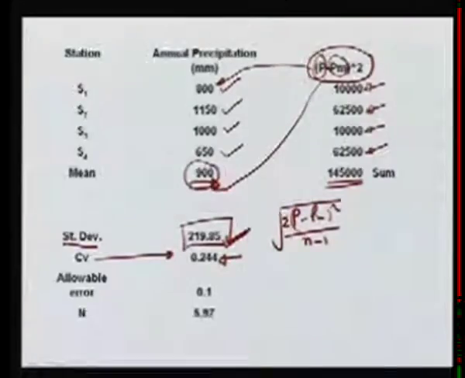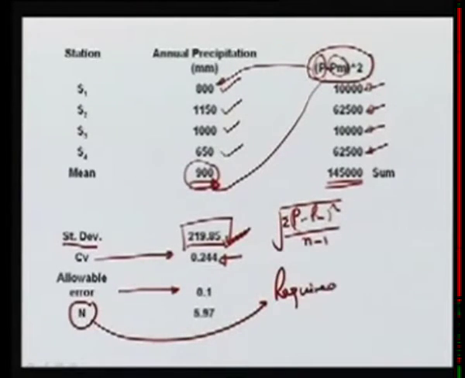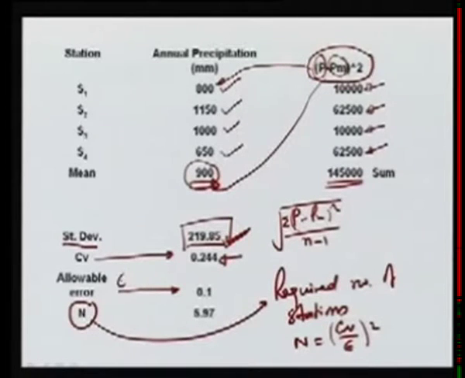The allowable error typically is taken as 0.1 or a 10% variation. If we take the allowable error as 0.1, the required number of stations, n, is given by CV over epsilon squared, where epsilon is the allowable error and CV is the coefficient of variation.